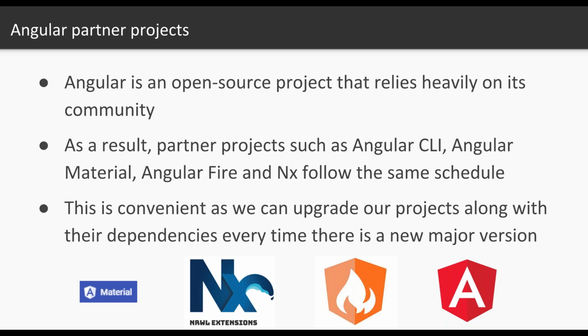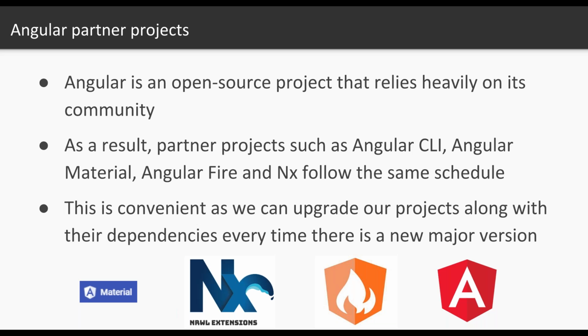So there are projects that are not always maintained by the Angular team, but by the open source community around the Angular framework. Some examples of such projects are the Angular CLI. This one is maintained by the Angular team, but others are Angular Material, Angular Fire, and NX that comes from a different company.